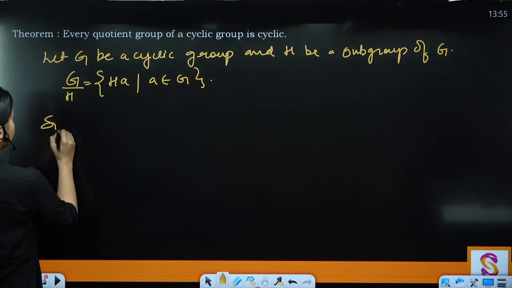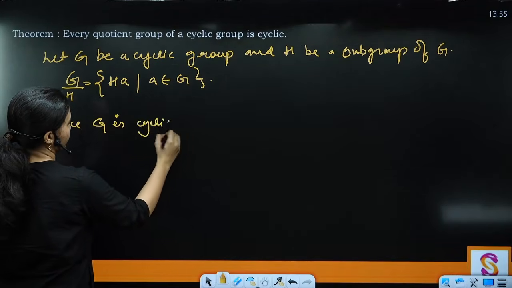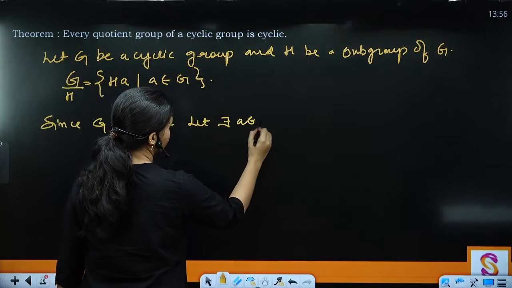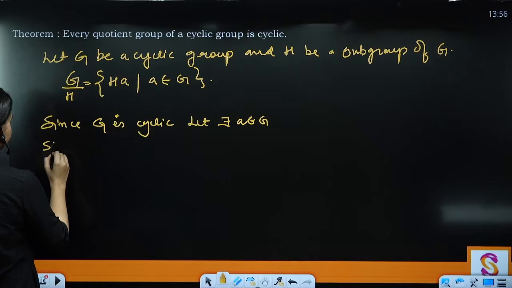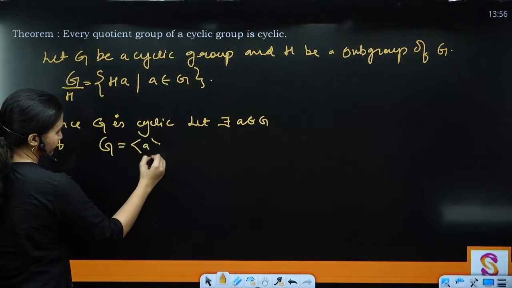Now since G is cyclic, let there exist a belonging to G such that G is generated by a, right?